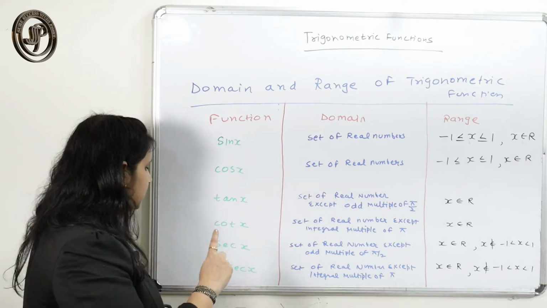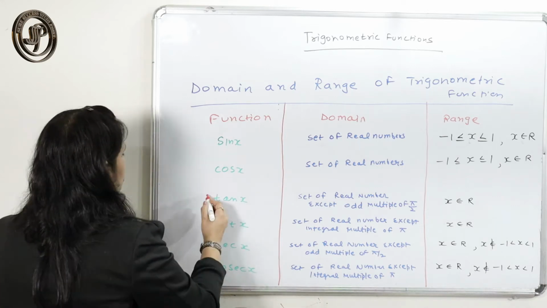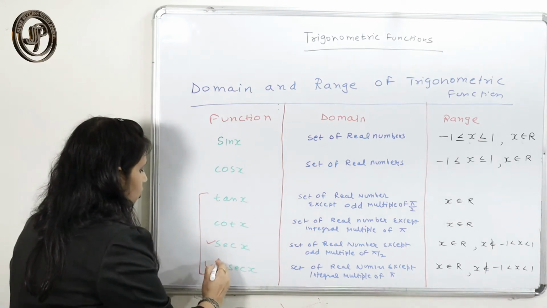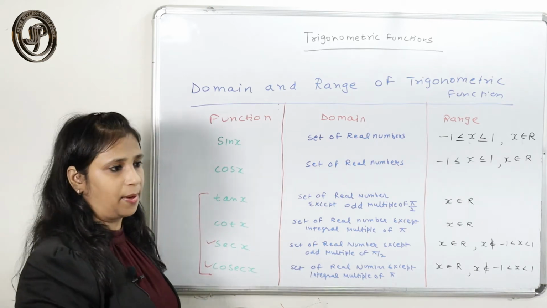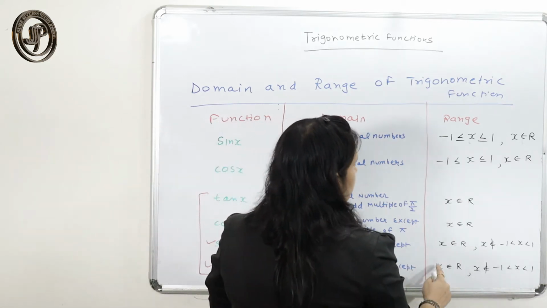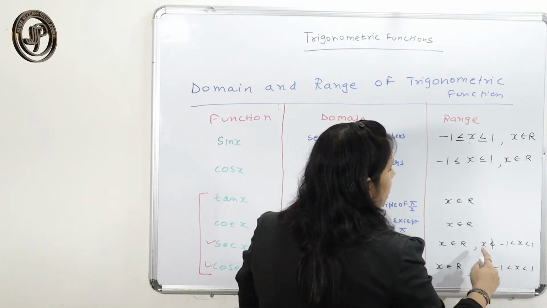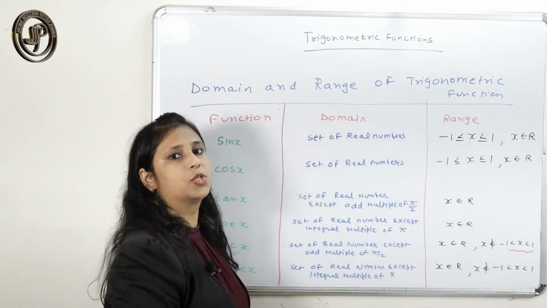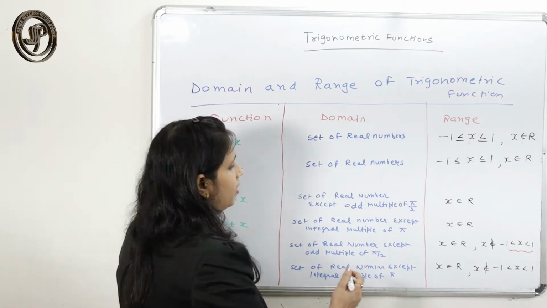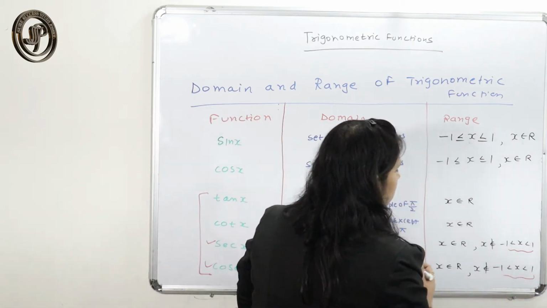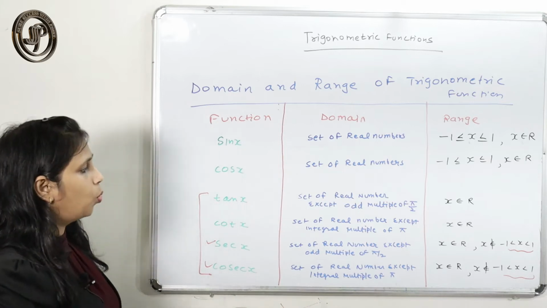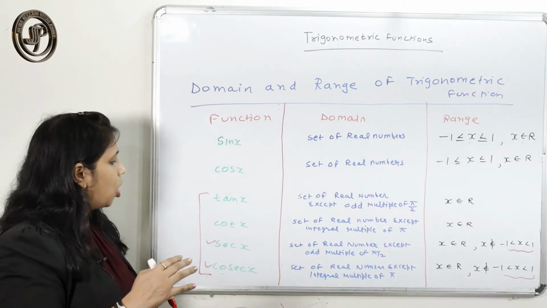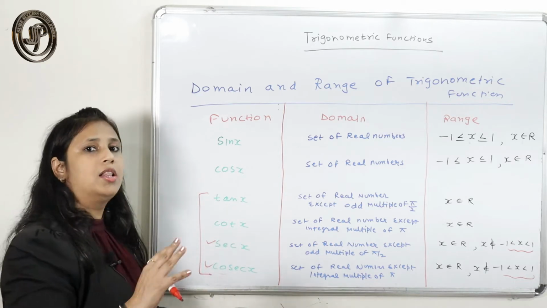Range of sec x and tan x: these four have the range of all real numbers, but sec x and cosec x have one exception. They have the range of all real numbers excluding the numbers that lie between -1 and 1, otherwise their range is all real numbers.